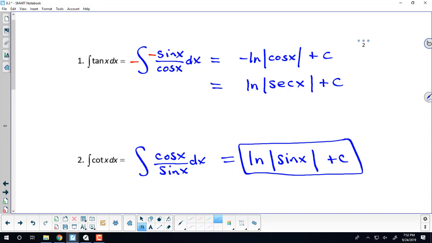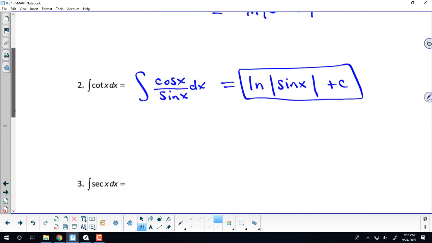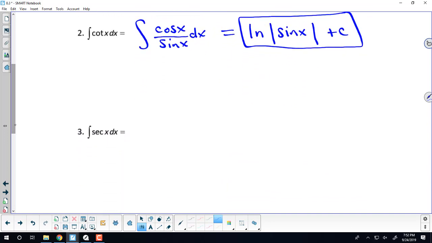Okay. Secant and cosecant involve multiplying by a form of 1. I know we didn't talk about these yet, but we're going to take secant and multiply secant by a form of 1 as secant x plus tangent x.